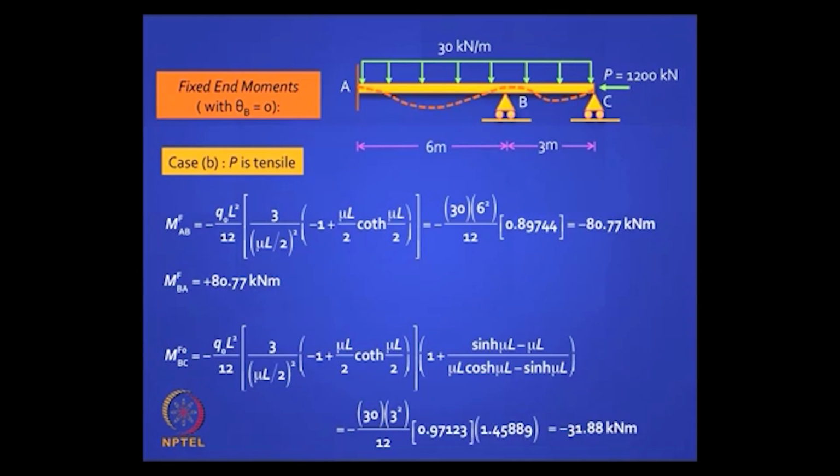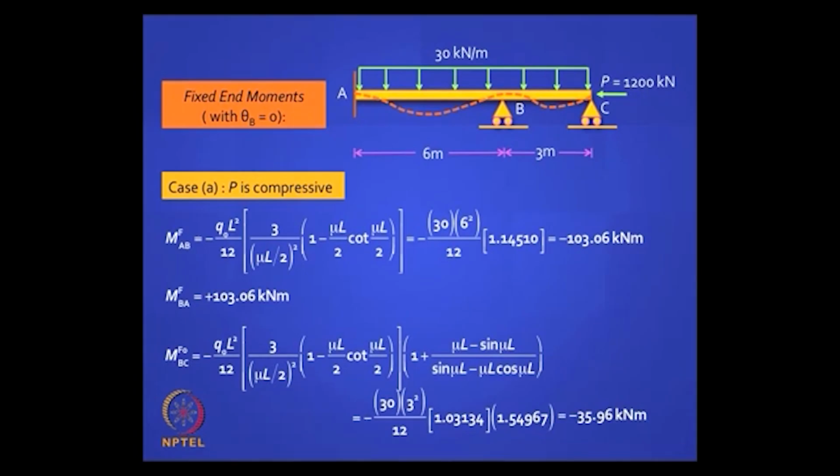So you see the default value is in between 80.77 and 103.06. So that is a kind of variation you can get in fixed end moment, got it, okay. Let us proceed.